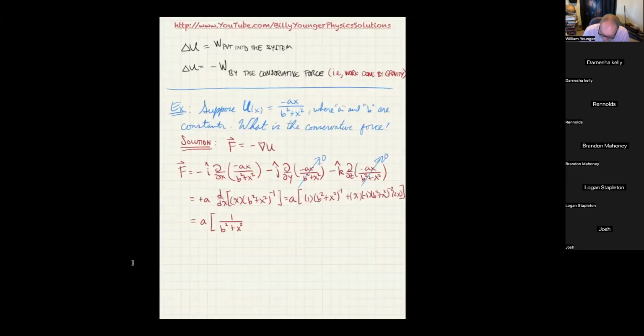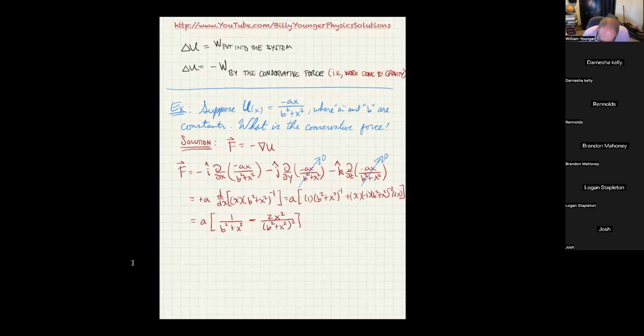Now I'm going to take that negative sign and bring it out in front. And what I see is when I do that, now my numerator is 2x squared, and my denominator is b squared plus x squared to the 2 in the bottom. I'm going to get a common denominator.